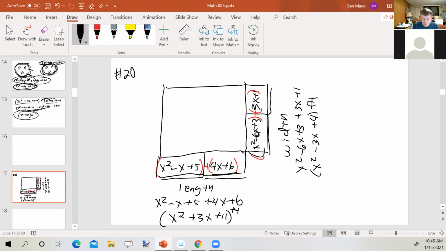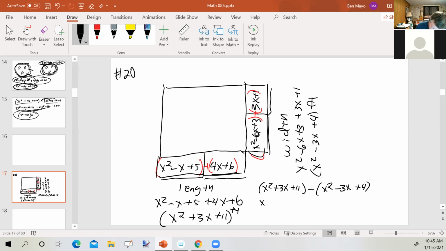Okay. So now to get the length minus the width, we're going to have x squared plus 3x plus 11 minus the quantity x squared minus 3x plus 4. Still with me?